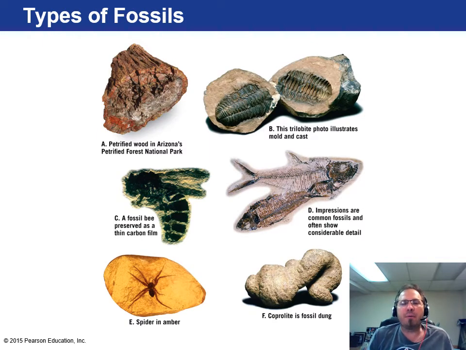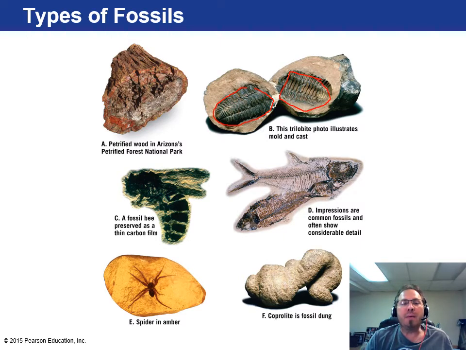So here's some examples. You had petrified wood, which used to be wood, but it's been completely replaced by minerals. So now it's essentially like a rock. You have this trilobite. So this is the cast, and this is the mold, because it's the impression.